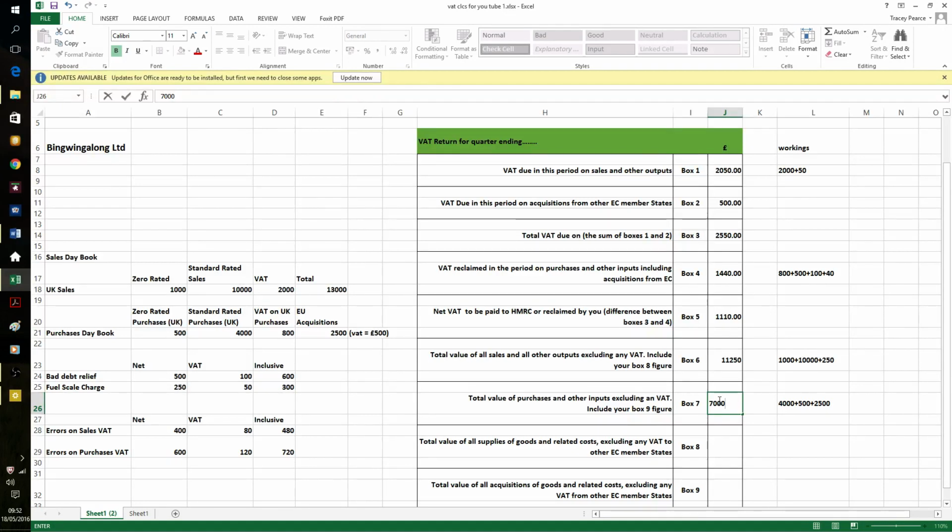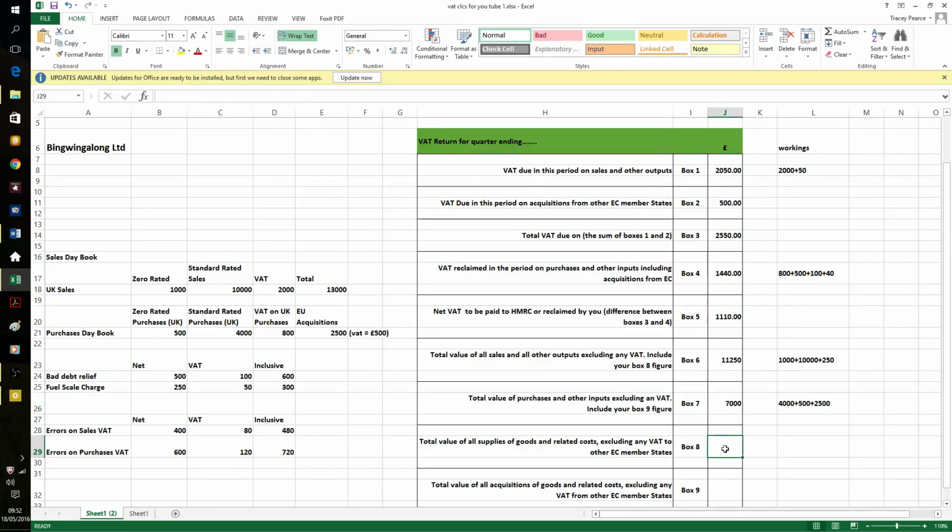The logic of that is that the bad debt relief is possibly a previous financial year. It's got to be 6 months old plus whatever the date of the invoice was, or the time on the invoice. So it's going to be at least 6 months and 7 days old as an absolute minimum. It's such a long time ago, its figure in here is irrelevant.